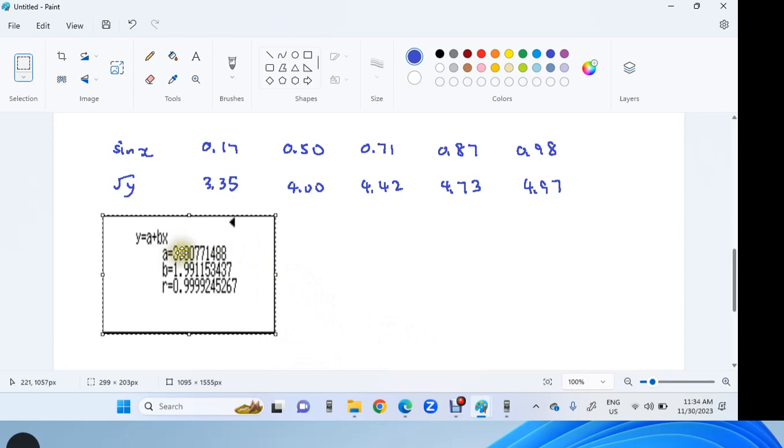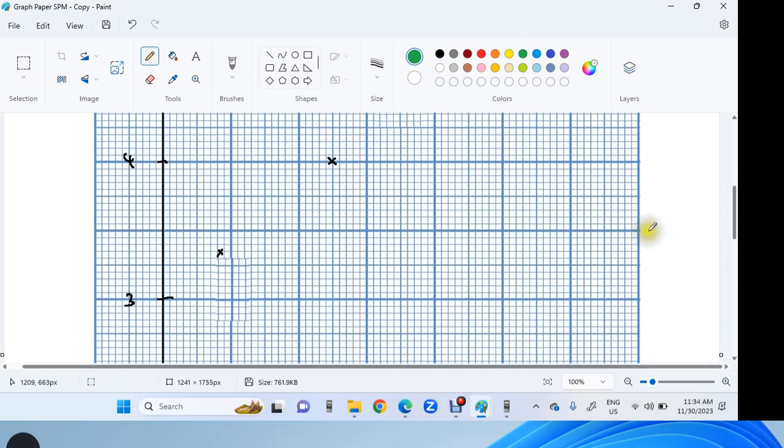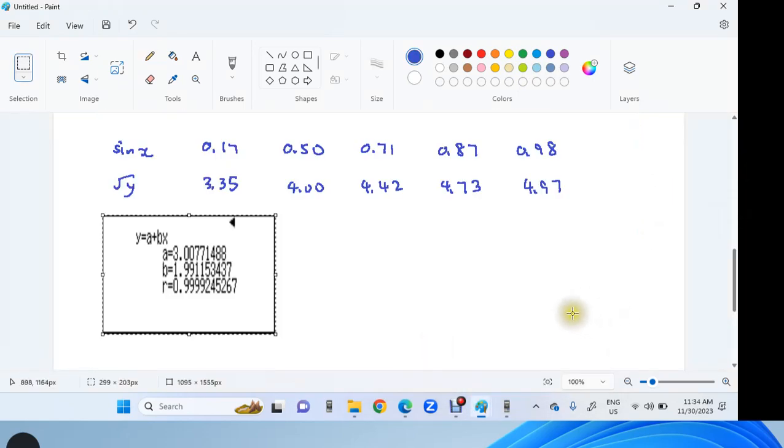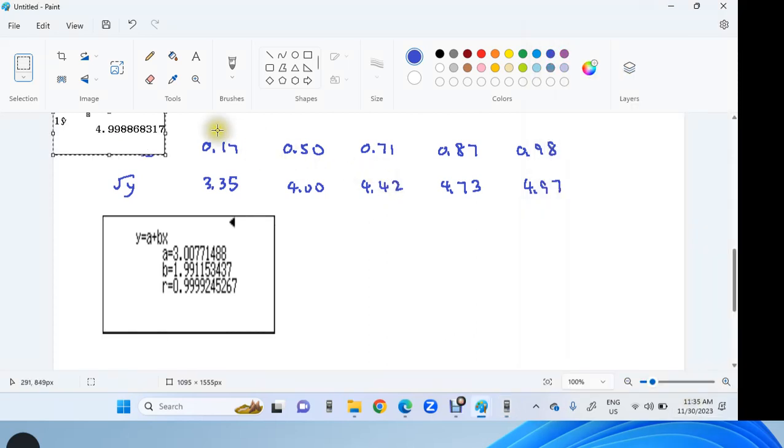Okay, so the y-intercept is 3. A plus bx, A is the y-intercept, so this is the point that the line will pass through. After this, I put 1, then option, next page, regression 5. So it gives me this, around 5.